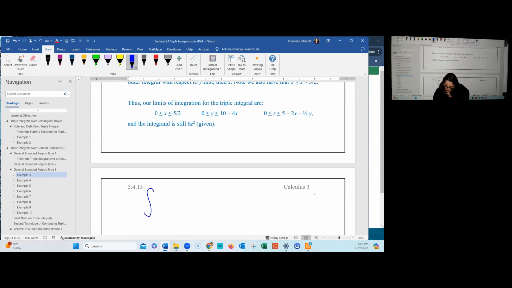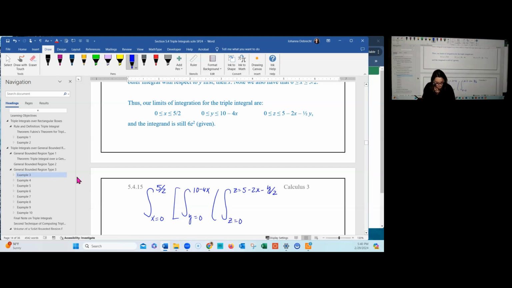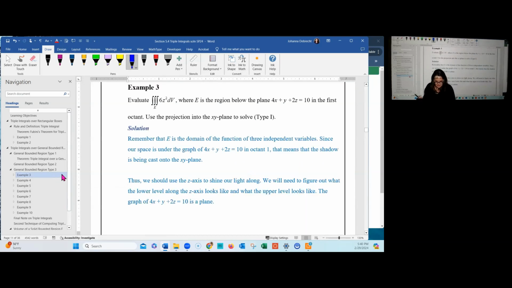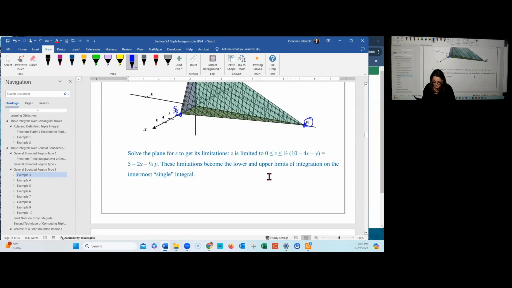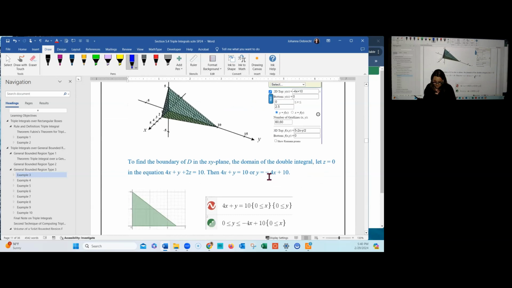So our triple integral becomes from x equals 0 to 5/2, and then we have the integral from y equals 0 to 10 minus 4x, and then we have the integral from z equals 0 to z equals (5 minus 2x minus y) divided by 2. And our integrand, if I remember correctly, was 6z squared. Yes. So we have 6z squared.